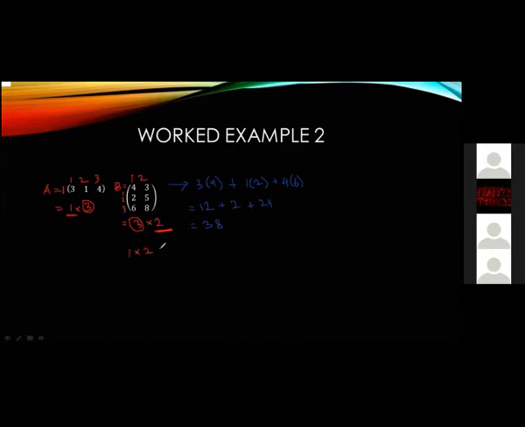And for the second column, we will multiply the first row of the first matrix by the second column of the second matrix. So it will be 3 times 3 plus 1 times 5 plus 4 times 8.